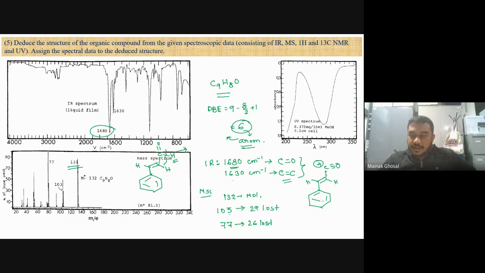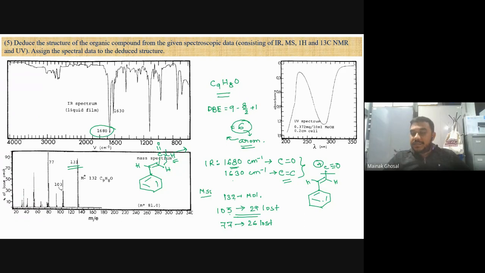There is a high chance that after this CO will be removed. So you lose 1 and then 28. There is a 29 loss which you can find here.